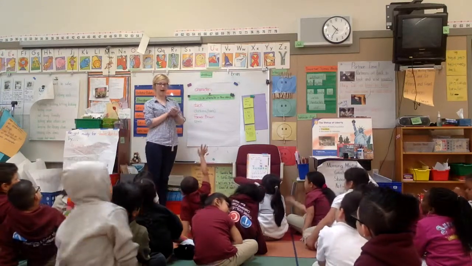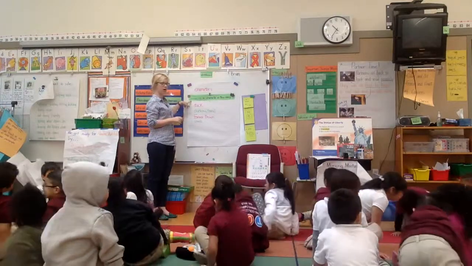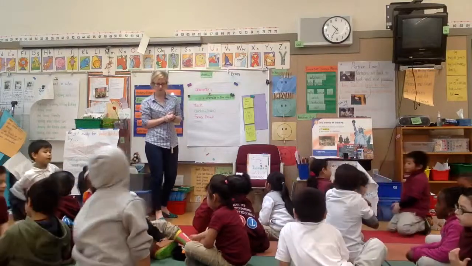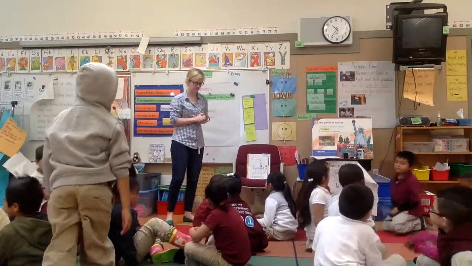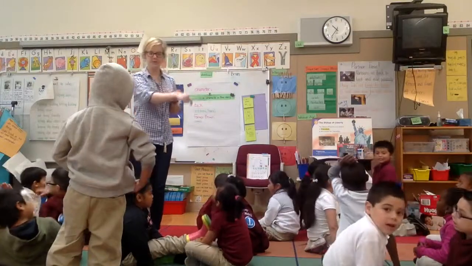Awesome. I would like you to turn to your partner on the rug and use one of these characters in this sentence frame. You need a partner? Can you be with Fernando and Jose?